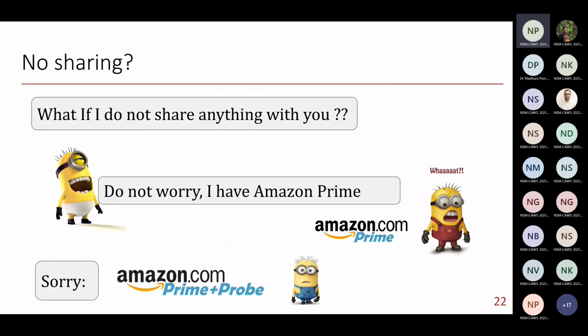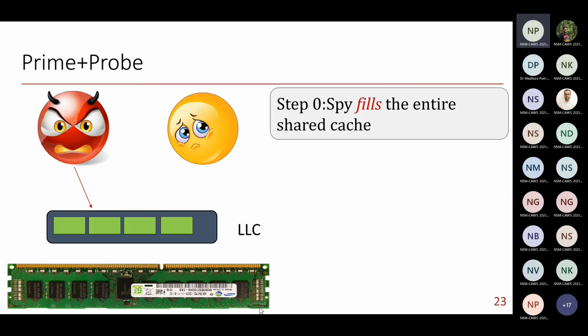Okay. So now we'll move on to the attacks where there is no assumption about page sharing between attacker and victim, and ask can we still get information about the victim. One of the popular eviction-based attacks is known as Prime+Probe, where the attacker, at an abstract view, the spy fills the entire cache.